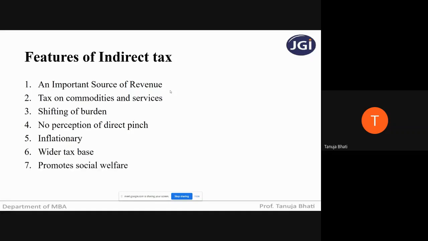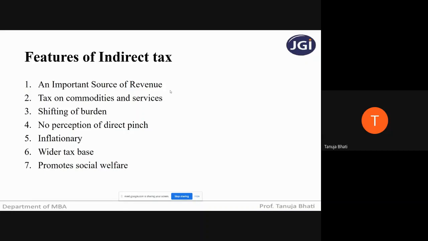Next, it promotes social welfare. See, how does it promote social welfare? Indirect taxes are also levied on sinful products. When I say sinful products, it means products that are not good for society, like alcohol for human consumption, cigarettes, tobacco, gutka.